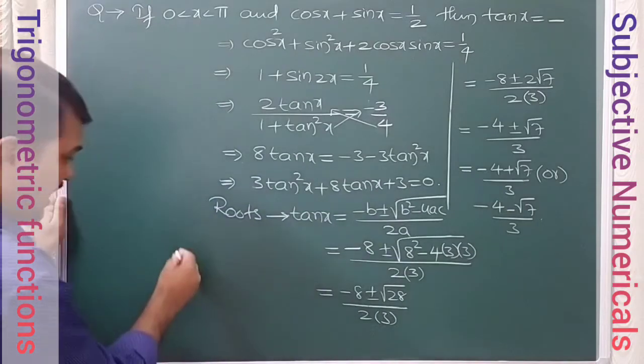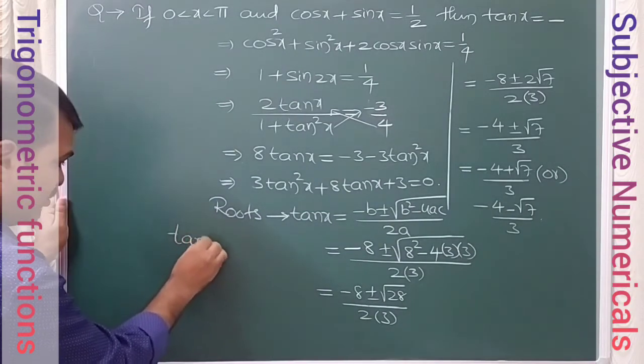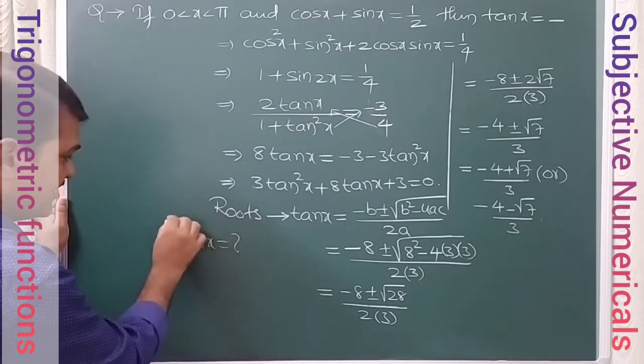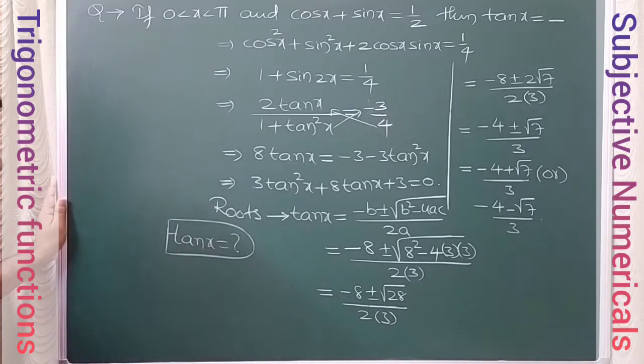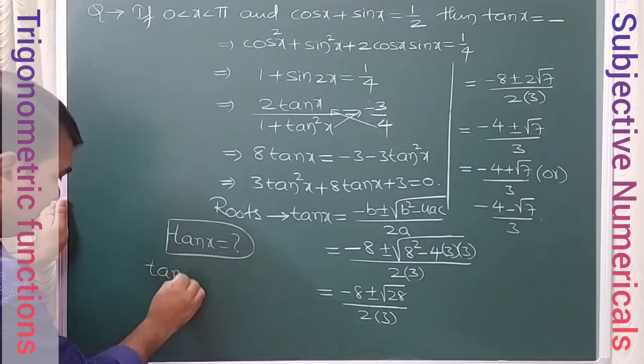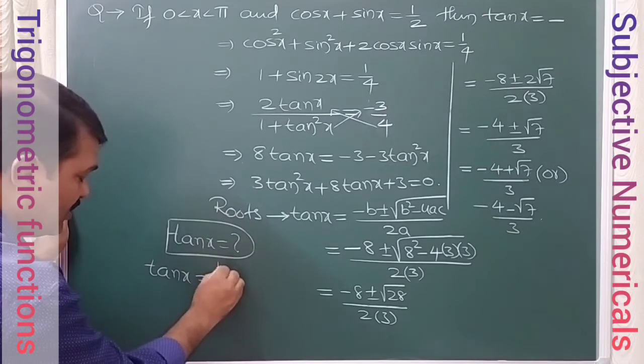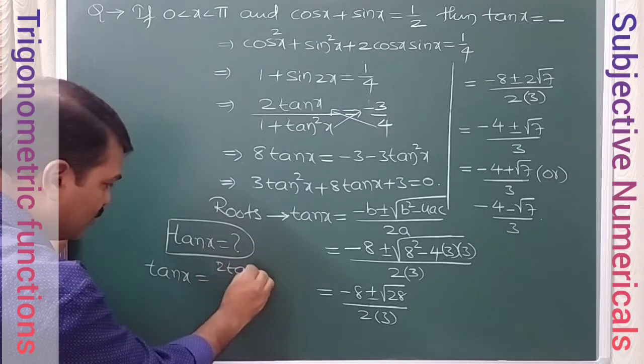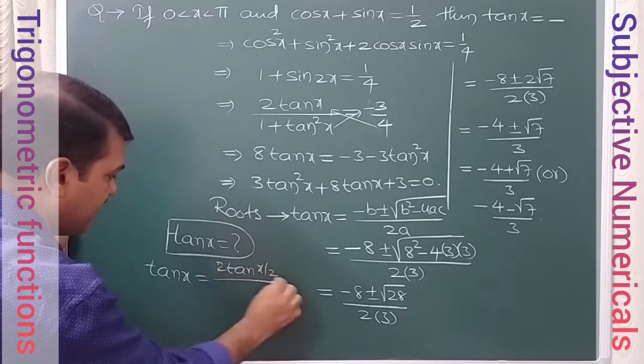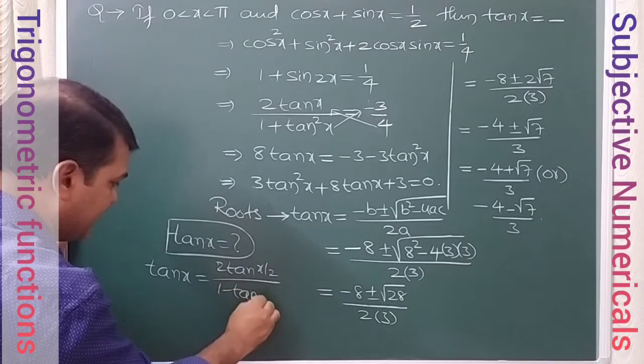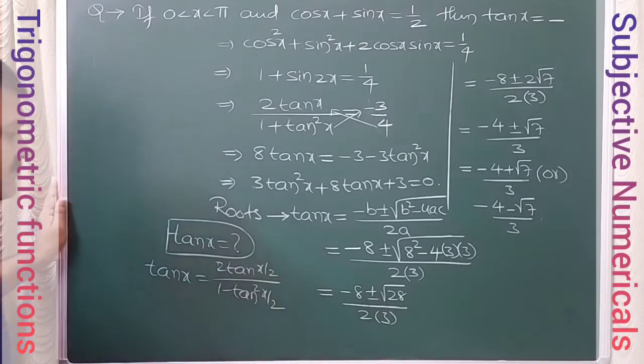After getting tan x by 2, you have to find tan x. How will you do that? Simple. We have tan x is equal to (2 tan x by 2) by (1 minus tan square x by 2). This is the formula.